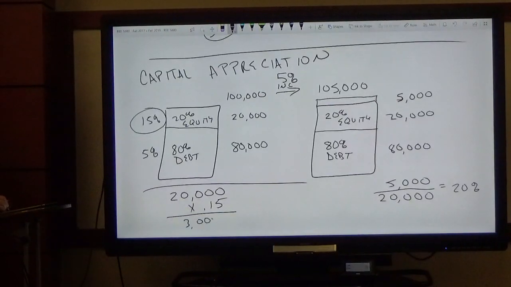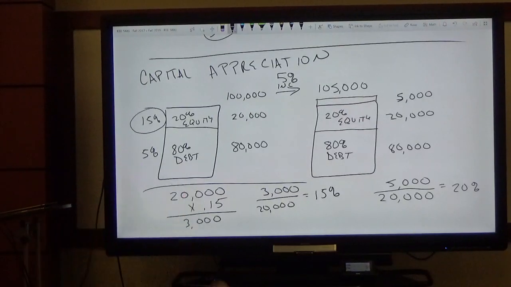That would mean $3,000 over the 20,000, which would be 15%. So basically, in the first year, our return on equity is 15%.